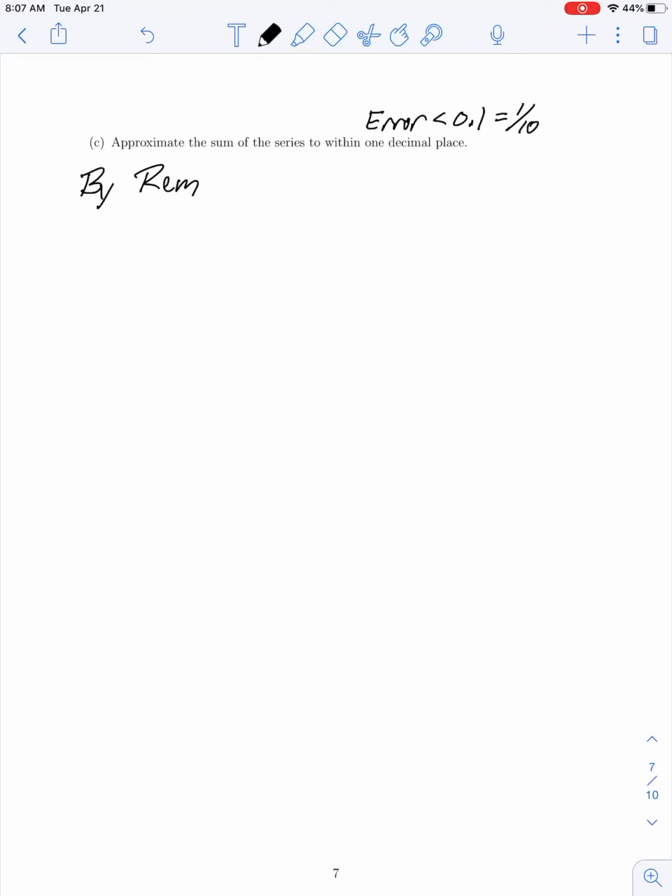By the remainder estimate for the alternating series test, we know that the error in an nth partial sum approximation, the absolute value of the remainder R sub n, is less than or equal to the n plus 1 term of our series.